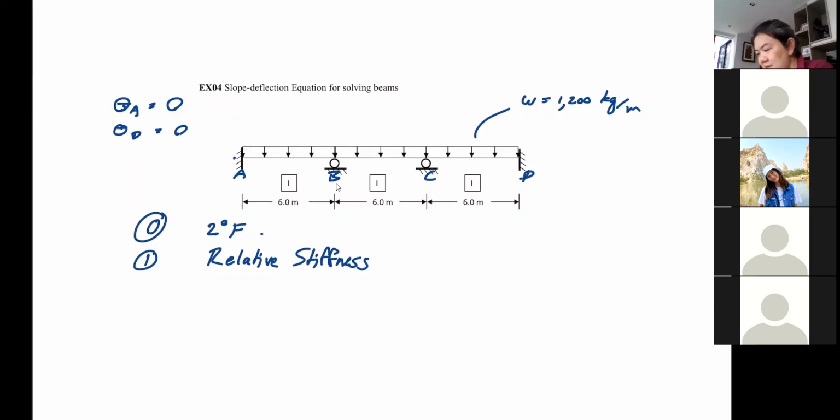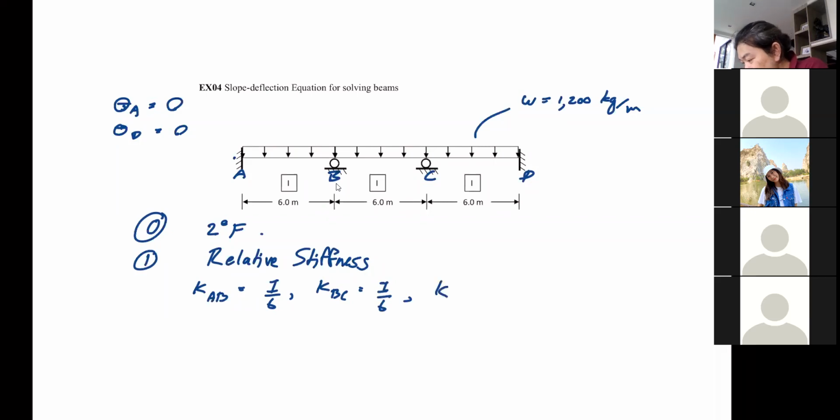This funny thing is the one that always kills students. In this case, for the stiffness of member AB, when we talk about stiffness, we can always use K. KAB is I over 6, and KBC is also I over 6.